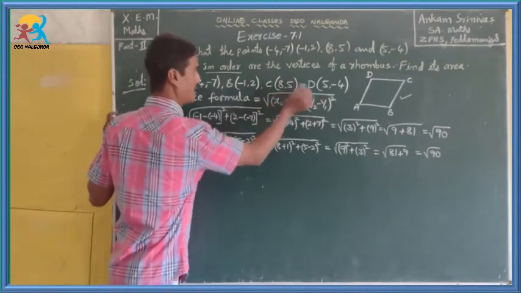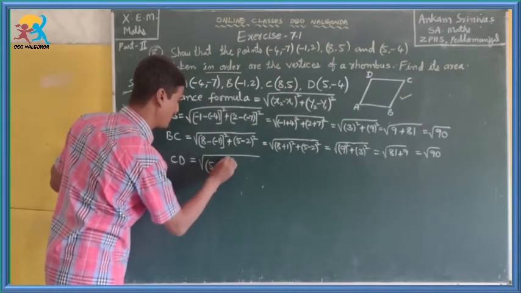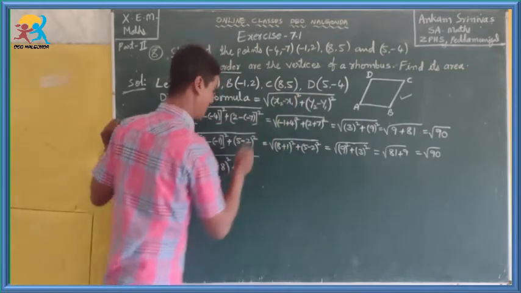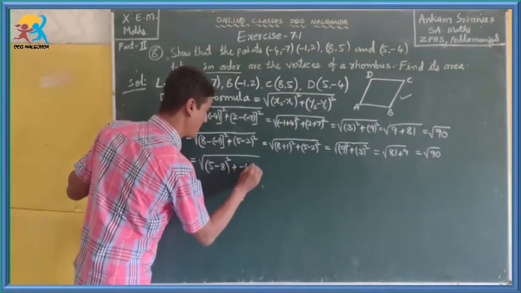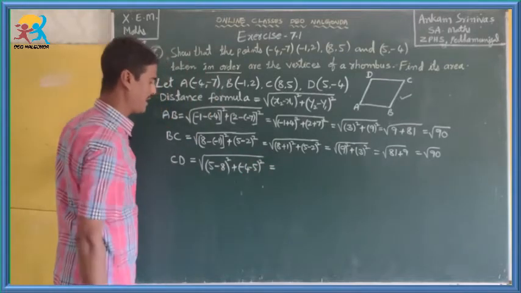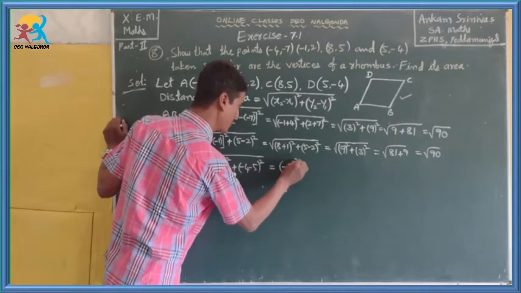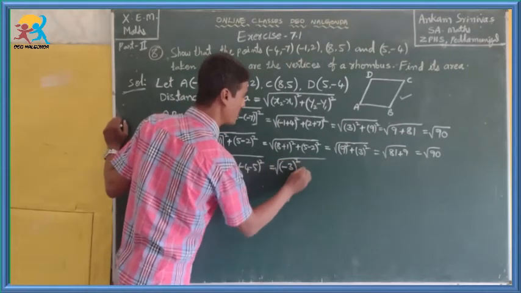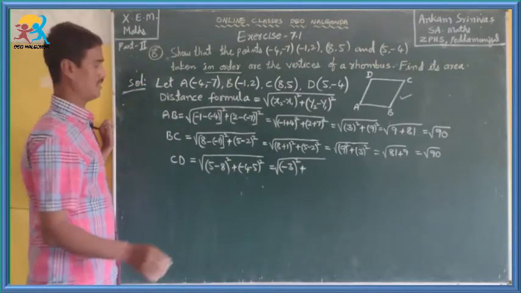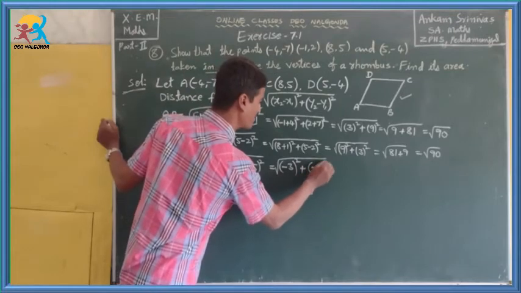I am taking 5 minus 8 whole square plus minus 4 minus 5 whole square. Then 5 minus 8 is minus 3, whole square, plus minus 4 minus 5, the sum of negative numbers is always negative, minus 9 whole square.